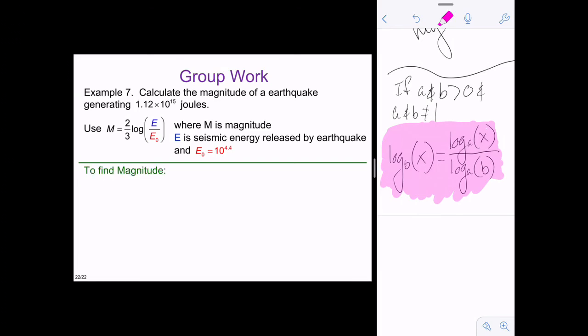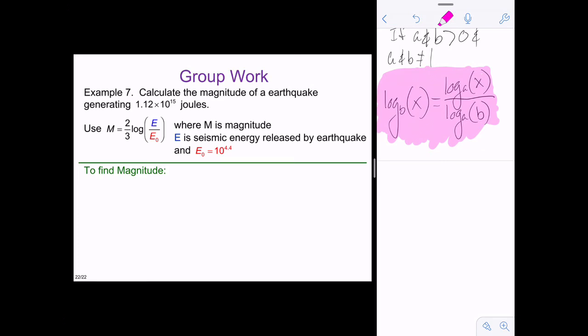So let's just think about what we have. We want to calculate the magnitude of the earthquake. So we want to calculate M. We were told find M. So if we found M, then that must mean that we know the other things, right? So we know 2/3, we know log, and then we go and read the next thing. It says E. E is the seismic energy released by the earthquake.